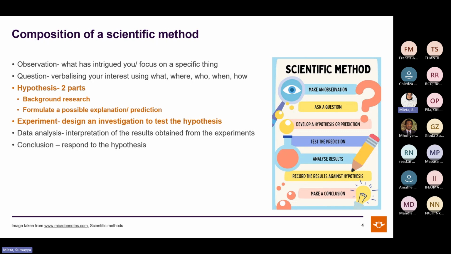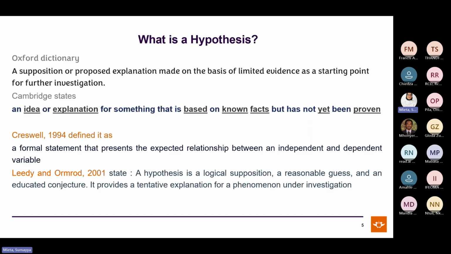So that's just a brief description of what a scientific method is and how all of the different components come together to create a scientific method. So what is a hypothesis? We've heard this term numerous times through the undergraduate studies, in your fourth year, your honors, progressing into the master's and doctoral studies.